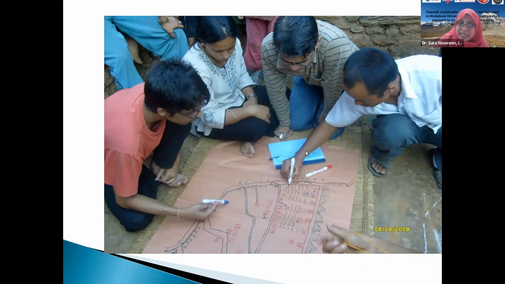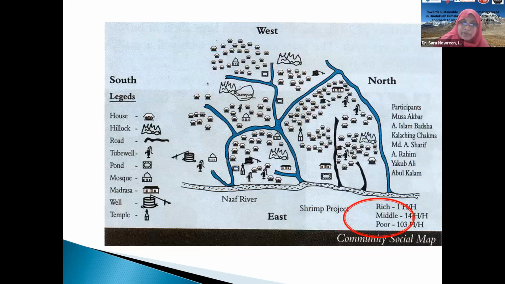This has been done in Nepal with our students under a program. This is just an example. If you see this particular social mapping, you can see that one household is rich, middle income households were 14, and poor were 103 households.